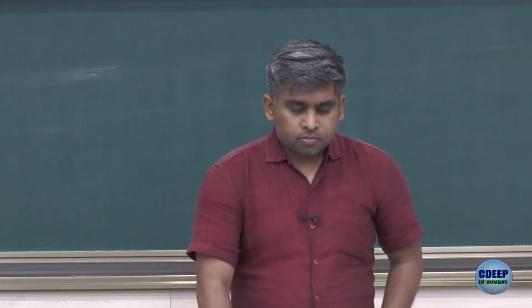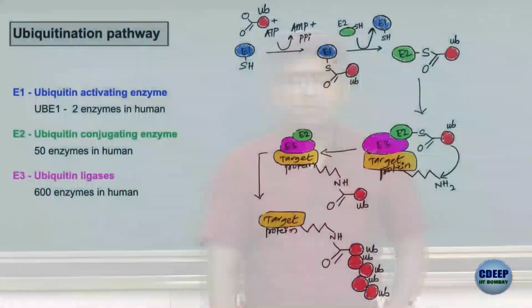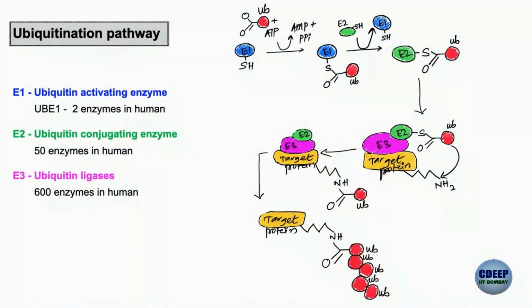Again, the ubiquitination pathway is a multi-step process. There is E1, E2, E3. There are 2 UBE1s present in humans, 50 E2s which are ubiquitin conjugating enzymes, and E3s are the ubiquitin ligases, with over 600 enzymes present. How does ubiquitin get charged? E1 takes up the ubiquitin at the expense of an ATP.